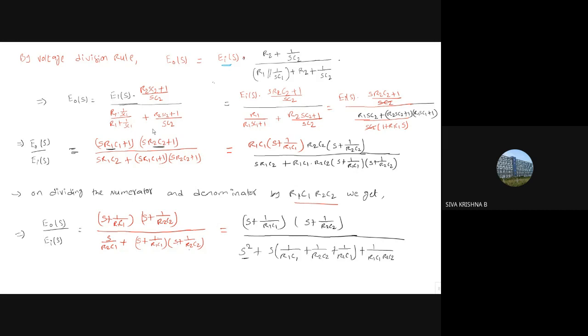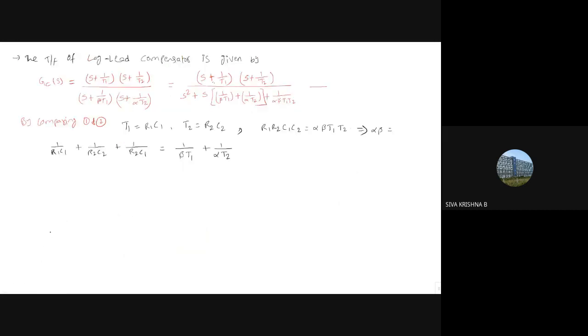So next, proceed with this. The transfer function of the lag-lead compensator is like this, already written in the first slide. That means starting off this lag-lead. So in the same way, we are going to take S plus 1 by T1, S plus 1 by T2, whole by S square plus S into, I'm converting all those constants like this one, beta T1, alpha T2.